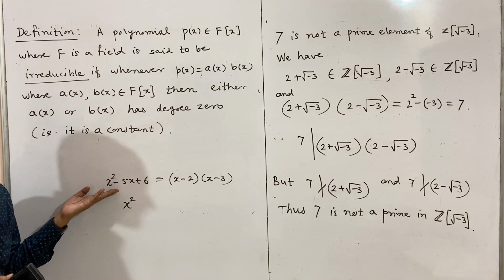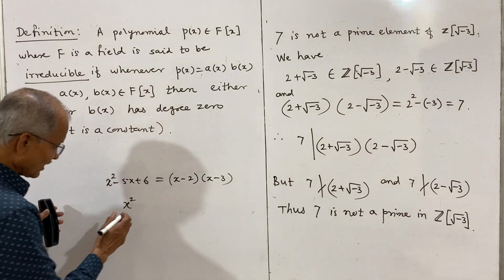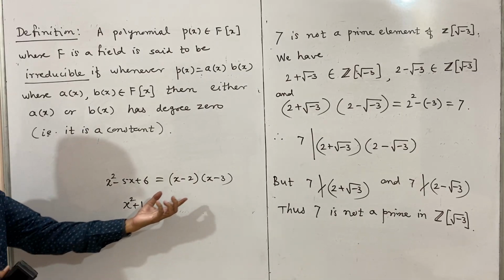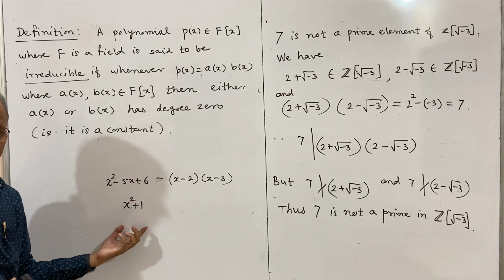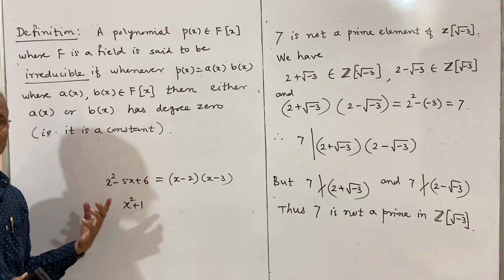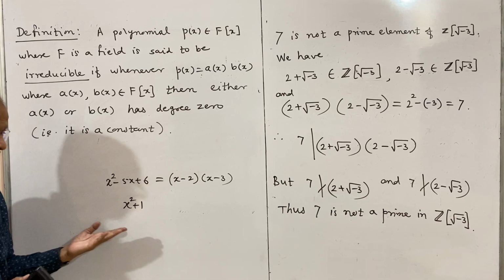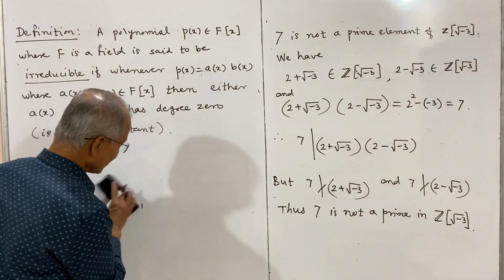But if you take x square plus 1, then this cannot be factored into lower degrees like this in the field of real numbers, but it can be factored in the field of complex numbers, and that we can write as a remark.